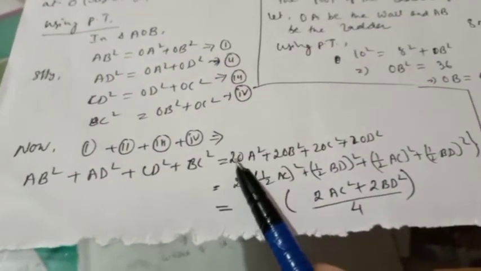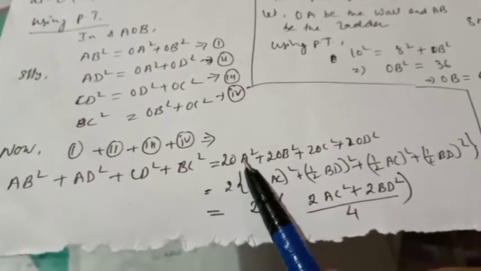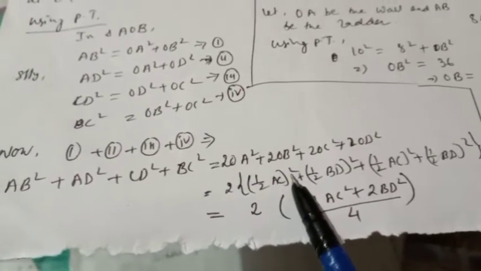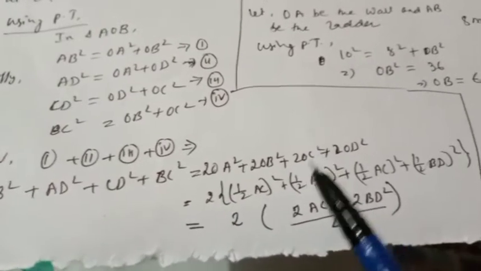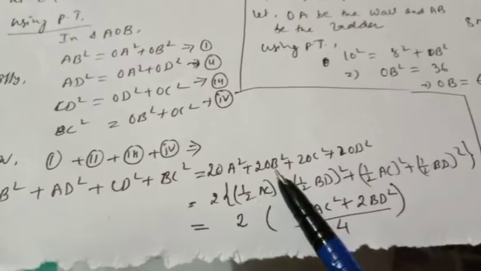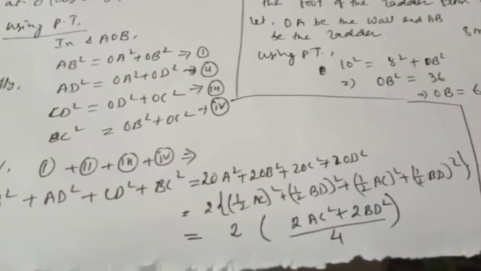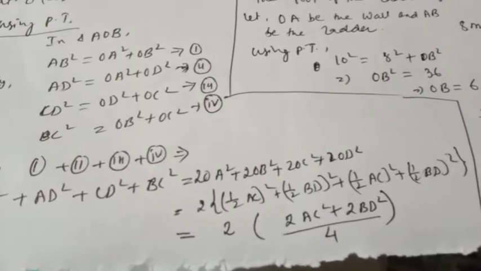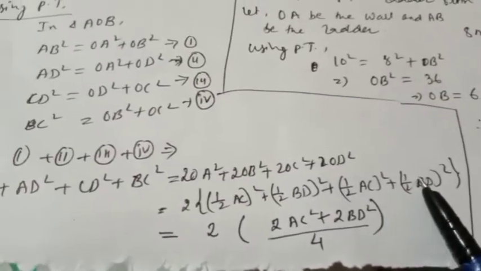First of all I have taken 2 common, then what is left? In place of OA I have written half of AC square, because OA is equal to half of AC, already I have told you. Then OB square is half of BD square, OC square is half of AC square, and similarly OD square is half of BD square.